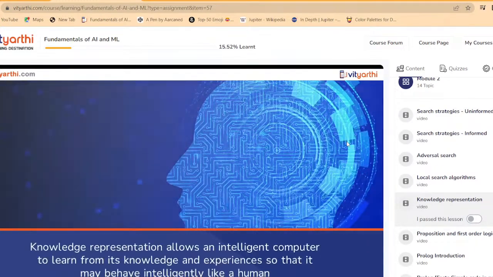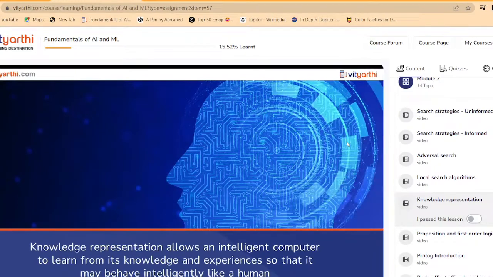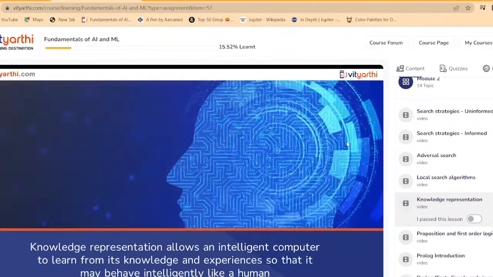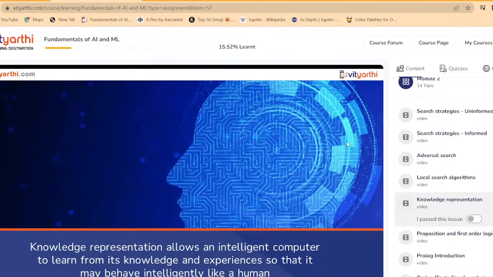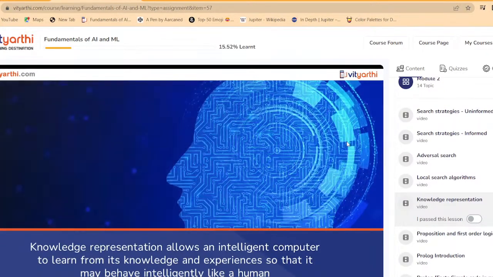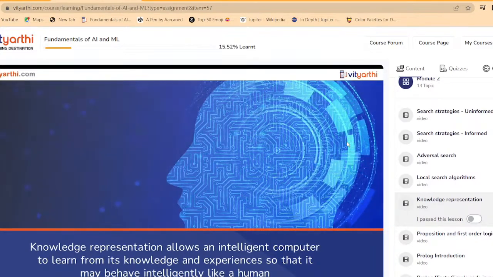It also explains how knowledge can be represented in artificial intelligence. Knowledge representation allows an intelligent computer to learn from its knowledge and experiences so that it may behave intelligently like a human rather than just storing data in a database.